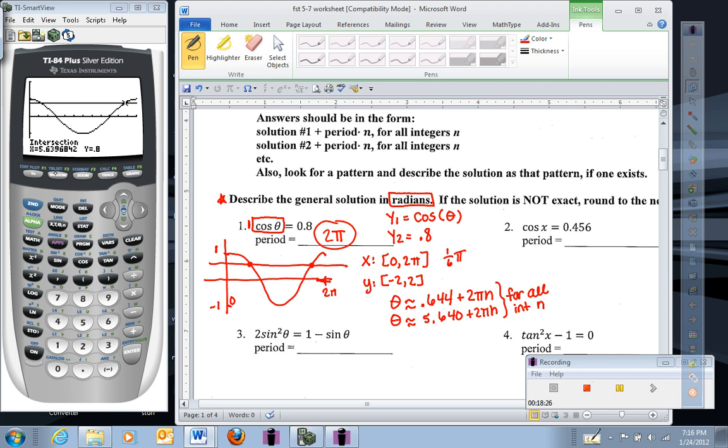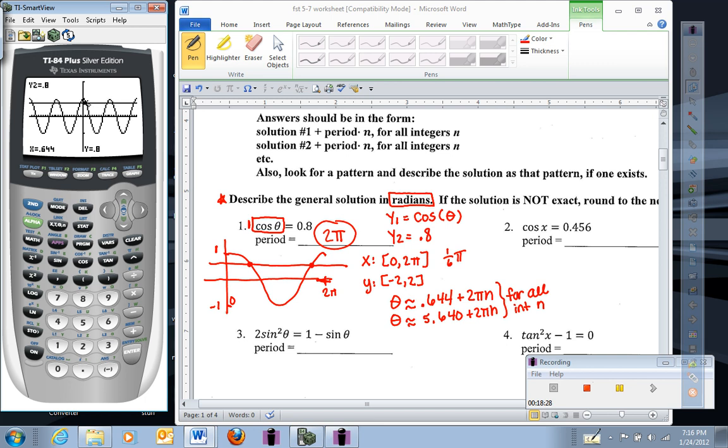Okay, now you don't have to do this, but I'm going to change my window here to go from -4 pi to +4 pi. Okay, now let me regraph this. And we'll get several periods of the graph going on here. Okay, so I'm going to go back to this 0.644 point. It's the first solution right here, just to the right-hand side of 0.